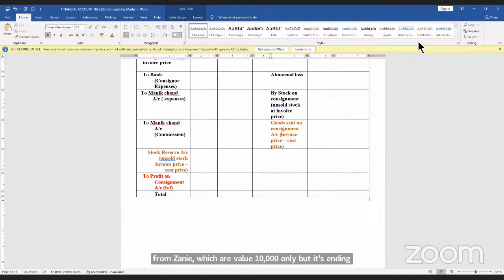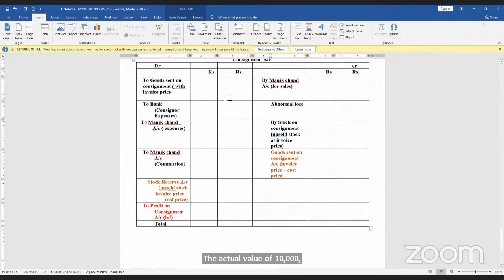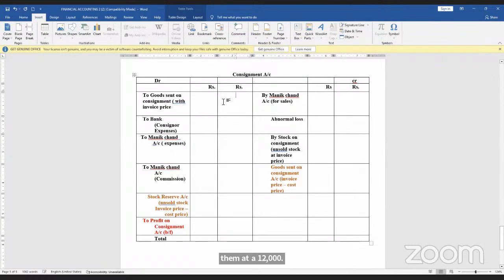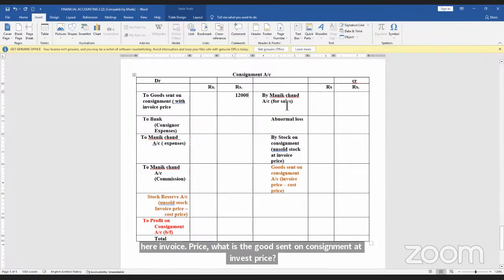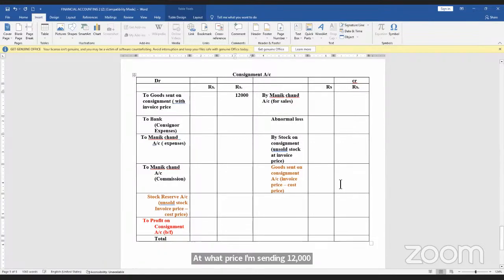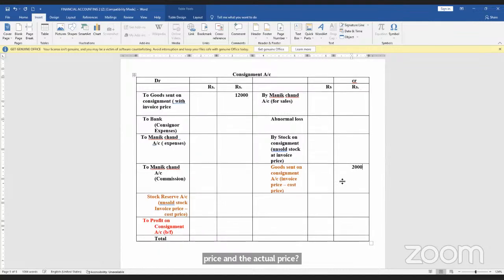The actual value of goods is 10,000, but I'm sending them at 12,000. So what is the goods sent on consignment at invoice price? 12,000 is the price I'm sending. What is the difference between the invoice price and the actual price? 12,000 minus 10,000, 2,000 I'll show here.